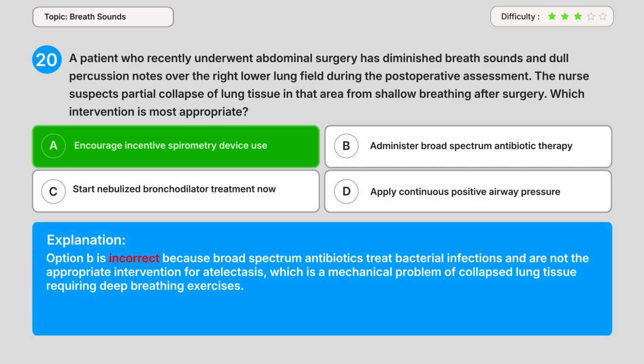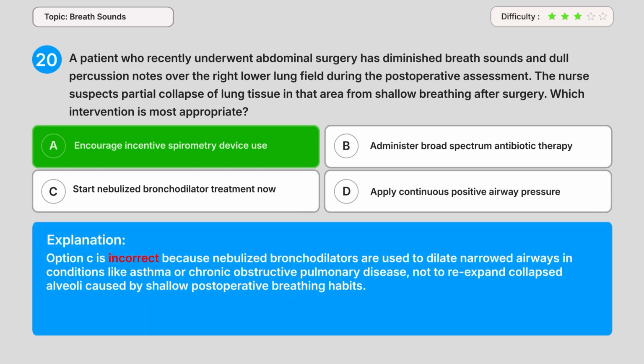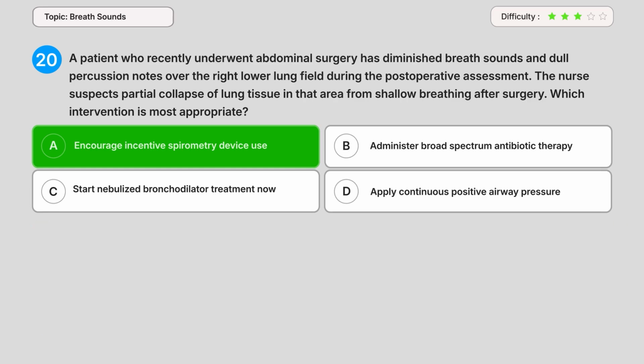Option B is incorrect because broad-spectrum antibiotics treat bacterial infections and are not the appropriate intervention for atelectasis, which is a mechanical problem of collapsed lung tissue requiring deep breathing exercises. Option C is incorrect because nebulized bronchodilators are used to dilate narrowed airways in conditions like asthma or chronic obstructive pulmonary disease, not to re-expand collapsed alveoli caused by shallow post-operative breathing habits.